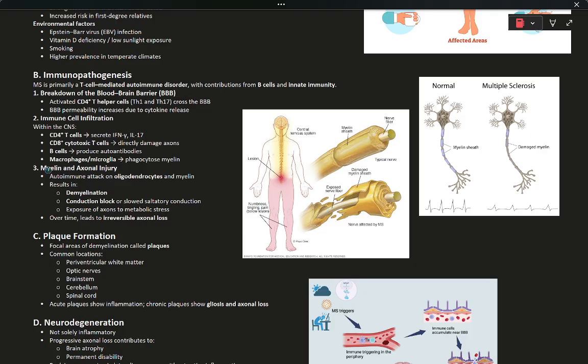And of course, the final step is myelin and axonal injury.